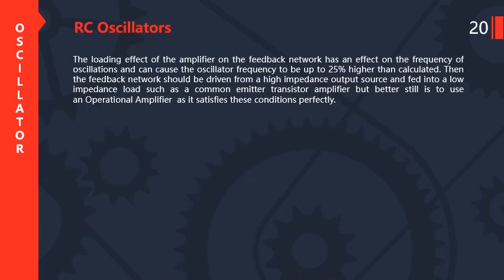The loading effect of the amplifier on the feedback network has an effect on the frequency of oscillation and can cause the oscillator frequency to be up to 25% higher than calculated.